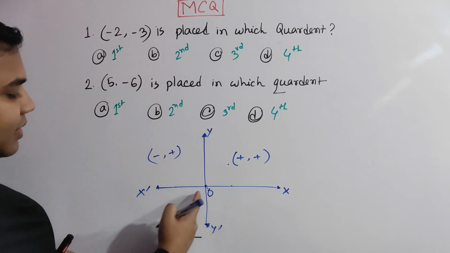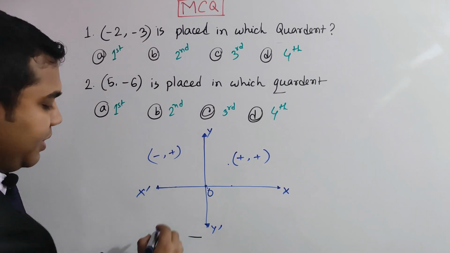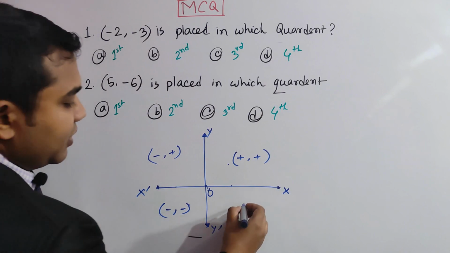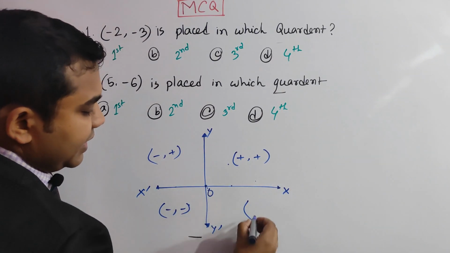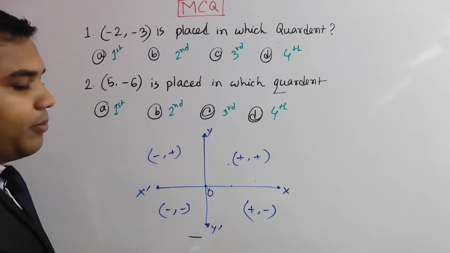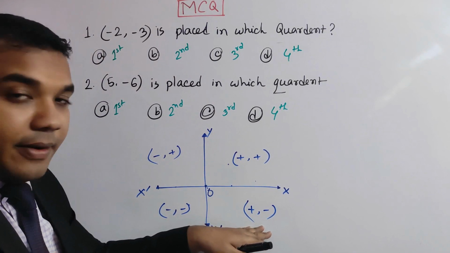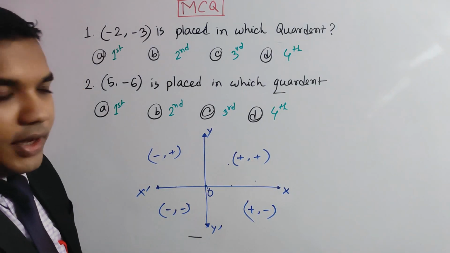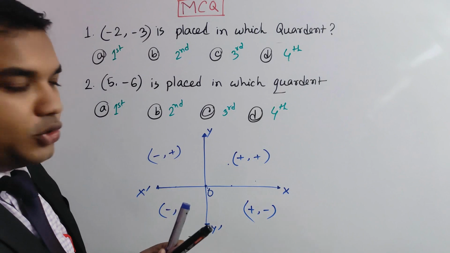And here x and y both are negative, that's why the negative-negative point will be in the third quadrant, and the fourth quadrant is positive and negative. If any point lies here, it should be in the fourth quadrant. So what I was trying to say, I can go for some examples.